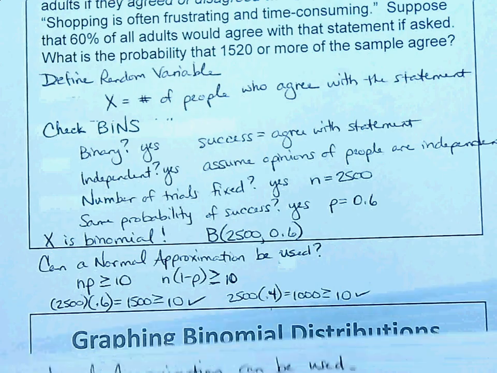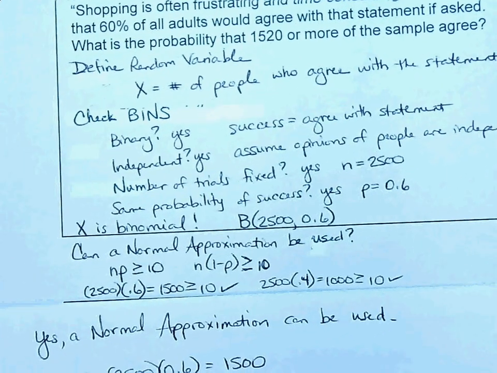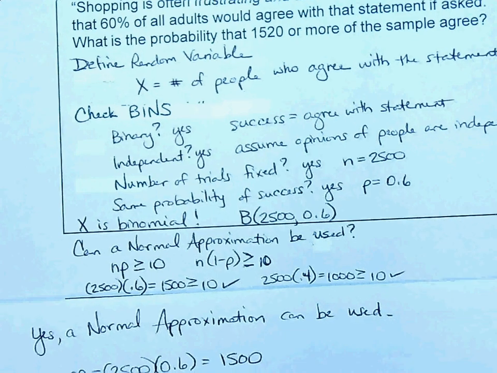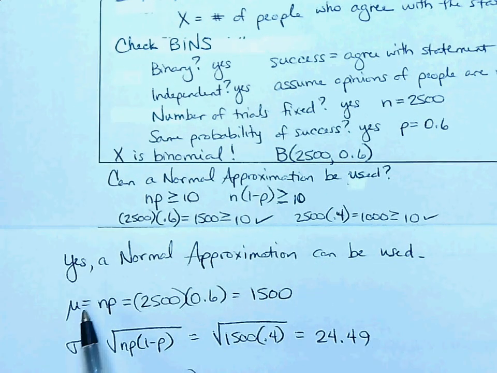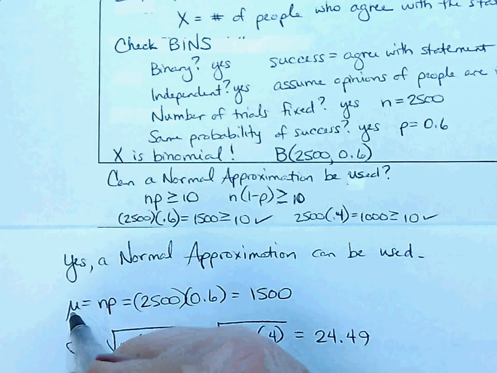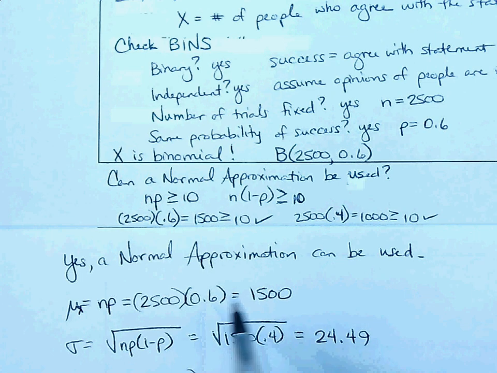If I'm going to use the normal approximation, then I need to come up with a mean and a standard deviation. So yes, a normal approximation can be used. So I calculate my mean, mu sub x equals np, which is 2,500 times 0.6, or 1,500, the number of successes.